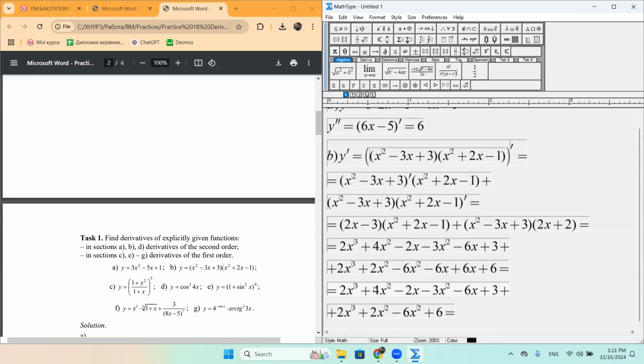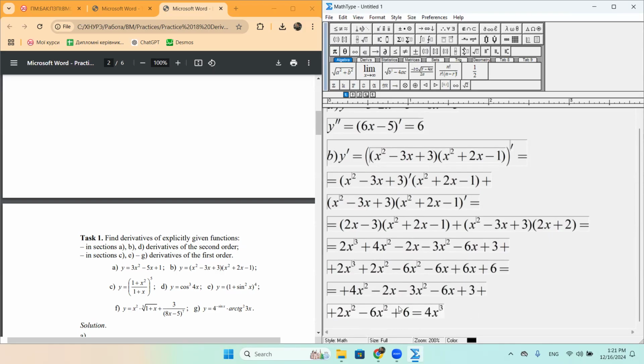So for x to the power of 3, we just remove it.